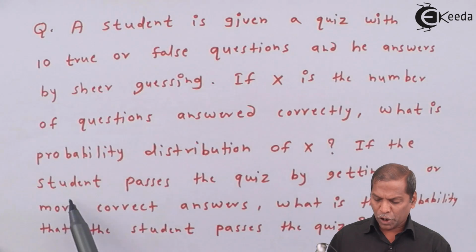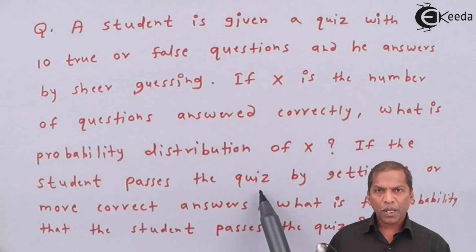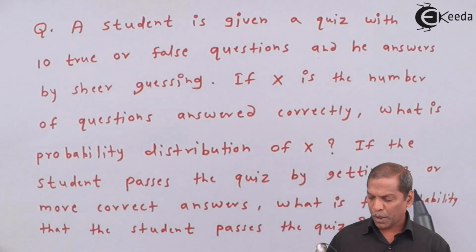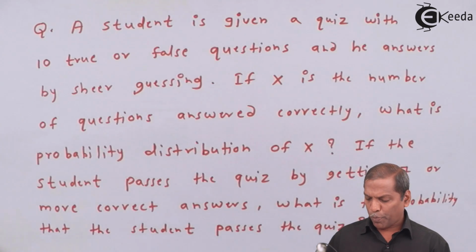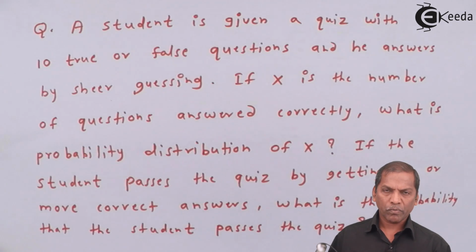If the student passes the quiz by getting 7 or more correct answers, then what is probability that the student passes the quiz? Now let's see the solution.